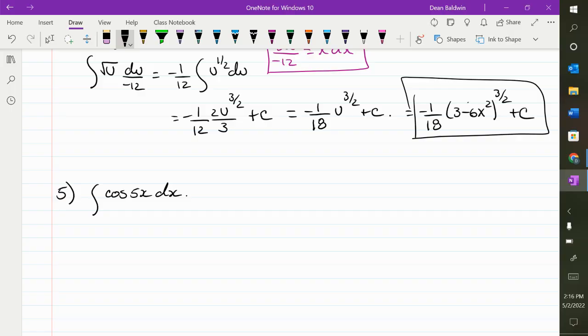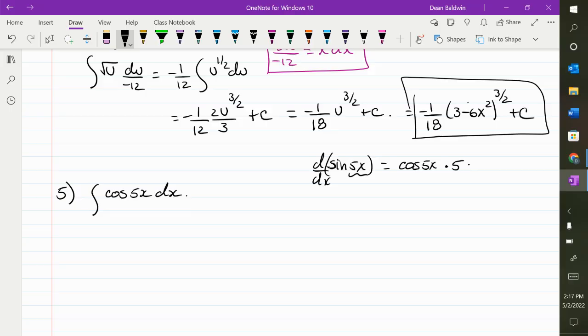That is not true, because if I asked you to take the derivative of sine 5x, or sorry, not the integral, the derivative, you would go, okay, the derivative of sine is cosine, so I get cos 5x, but you have to multiply by the inside derivative, which is 5.